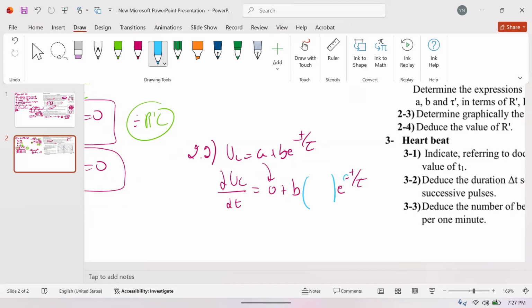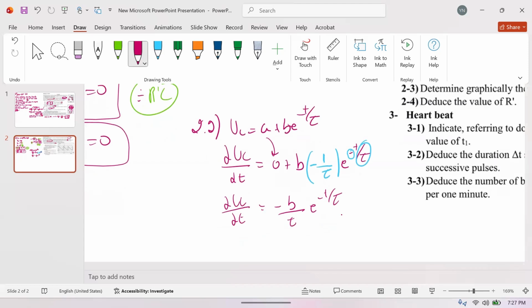Next to the time, we have the negative sign and we have over tau. You have to write them here. Minus and over tau. And of course, don't leave the numerator empty. It's 1. Okay, then get rid of the parentheses. You would get B times minus 1 over tau, e^(-t/tau). So you would find the solution, it's a given, and the derivative.